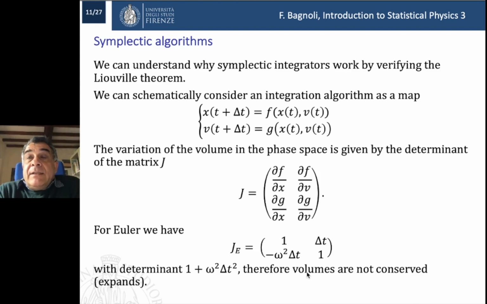Now, the determinant of the Jacobian gives the evolution of the volume in the phase space. And so you see that here, the determinant is 1 plus omega squared delta t squared. And clearly, the volumes are not conserved, and they always increase, as we have seen, at the pace of delta t squared. So if I make delta t small enough, I can reduce this increase, but I always have this increase.